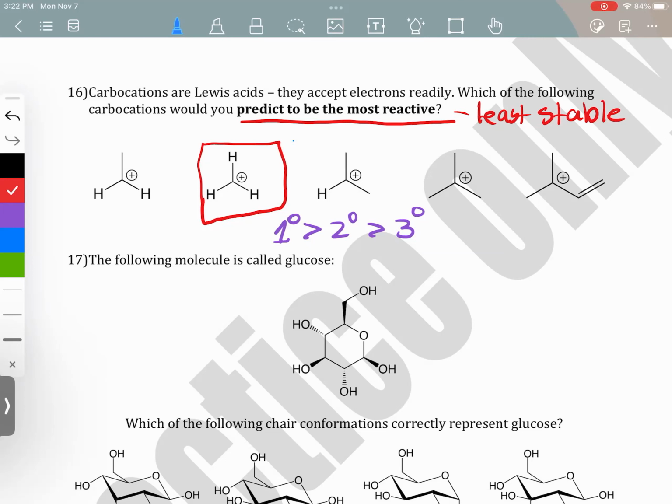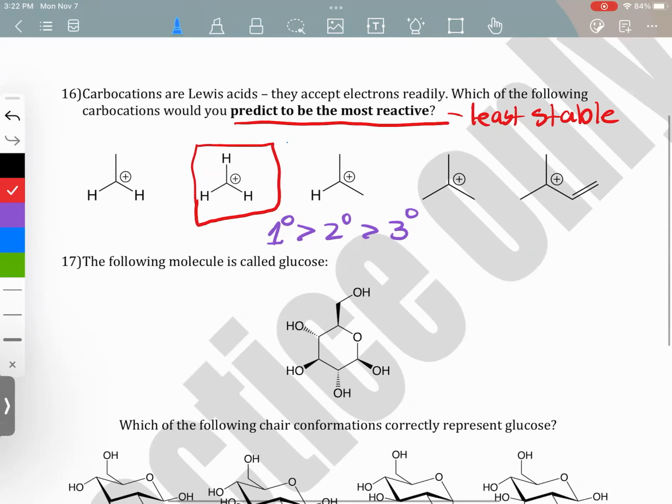Okay. Now, let me ask you this. Suppose they say which of these carbocations would be more stable. Okay, so tertiary will be the best. But what else do we see? A double bond.